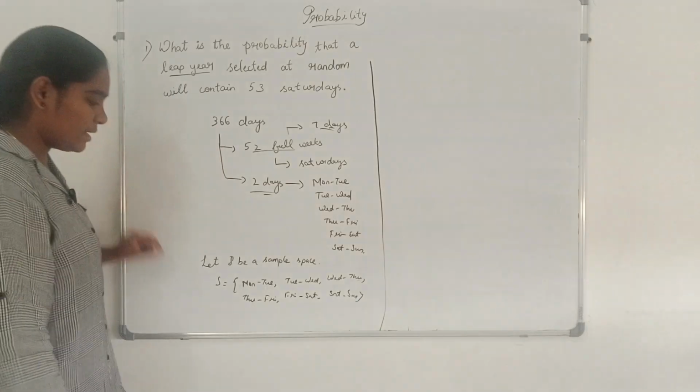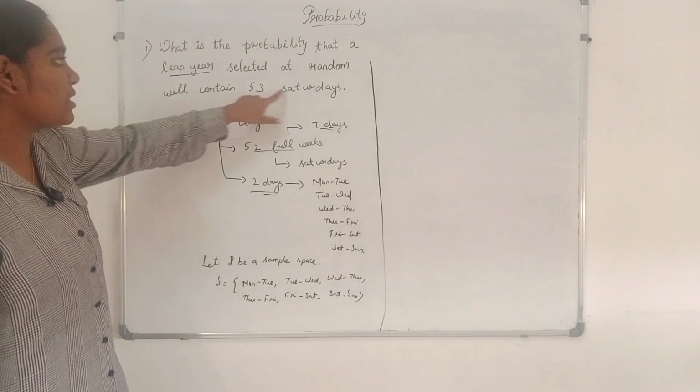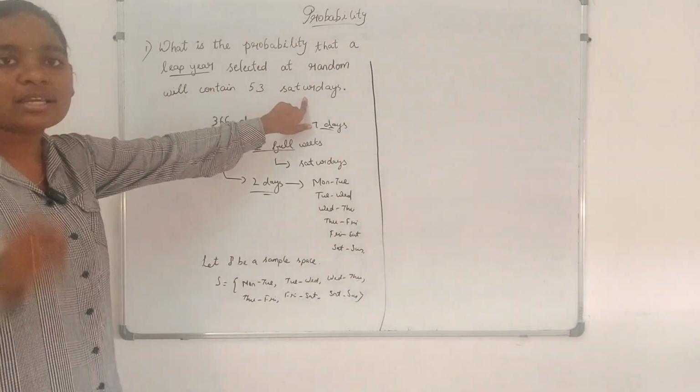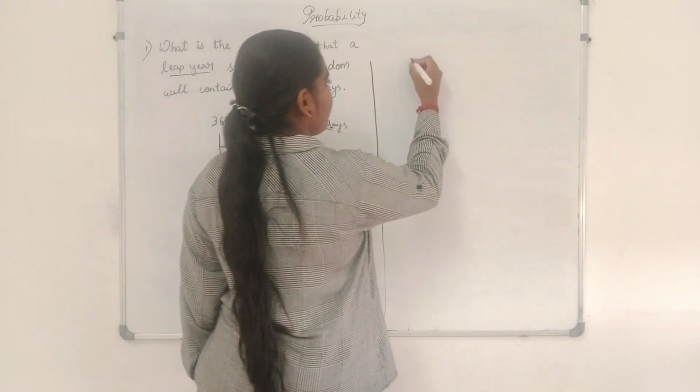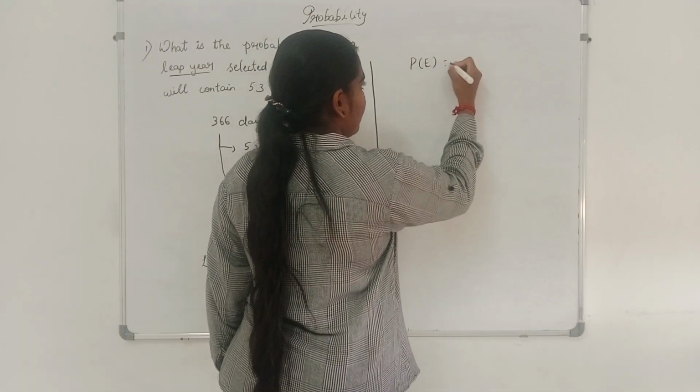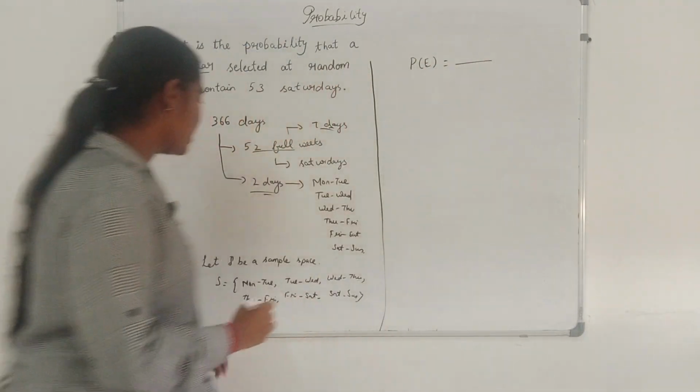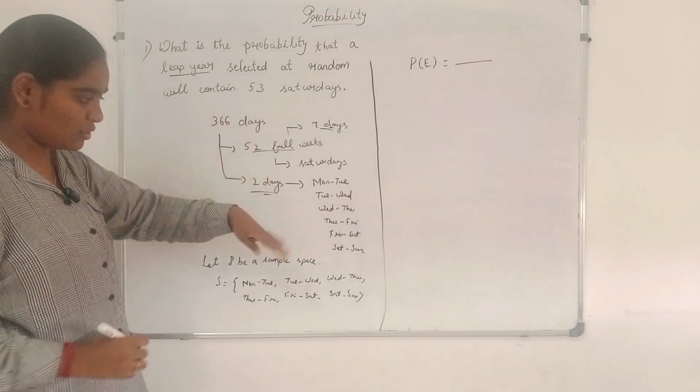So, let us consider this event of finding the 53 Saturdays as E. So, probability of E equals, here you got 52 Saturdays, so leave this.